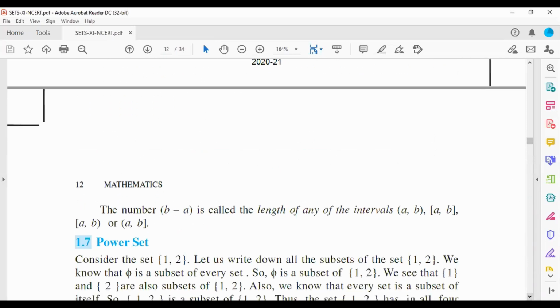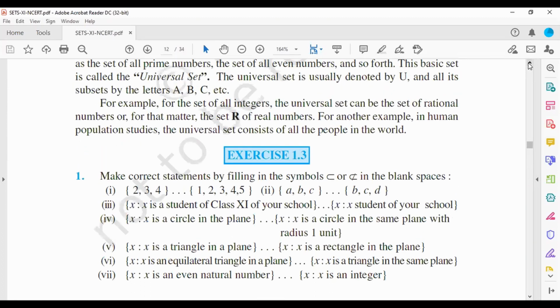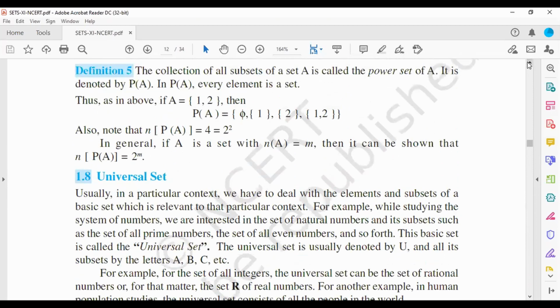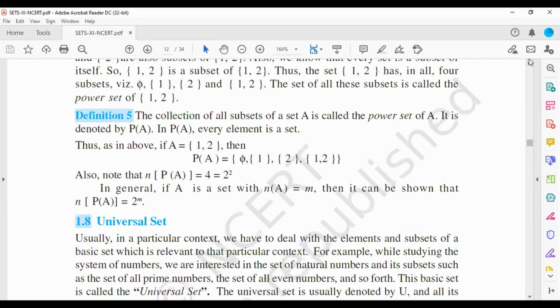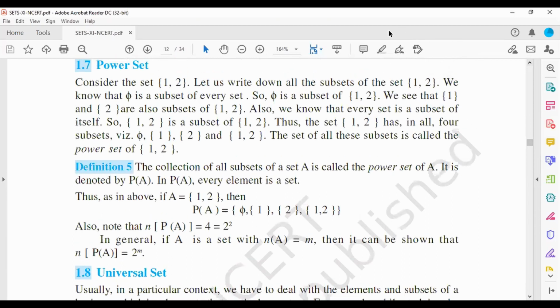Then the following discussion is a very interesting discussion. What is that? There are 2 powerful titles here. One, the point number 1.7, power set.